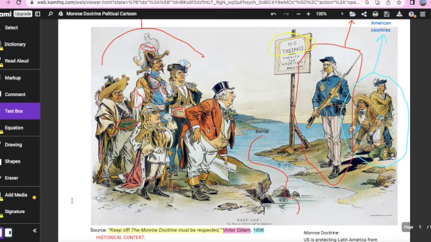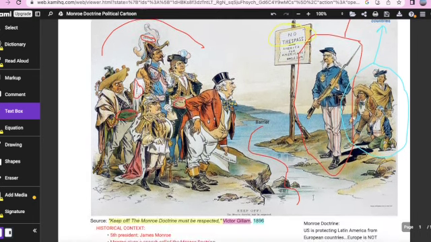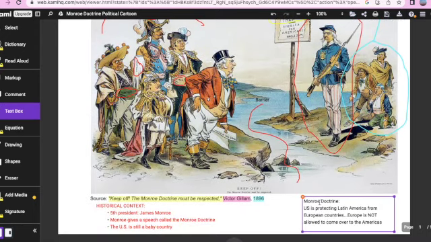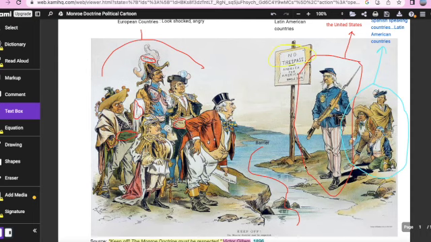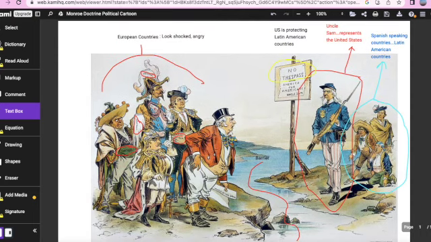This was a time when they were worried that these countries in Latin America who just got independence from Spain, that Spain would try and colonize them once more. So in this cartoon, it's basically talking again about the Monroe Doctrine, telling European countries not to interfere in the Western Hemisphere, and the cartoon does a wonderful job at portraying that.